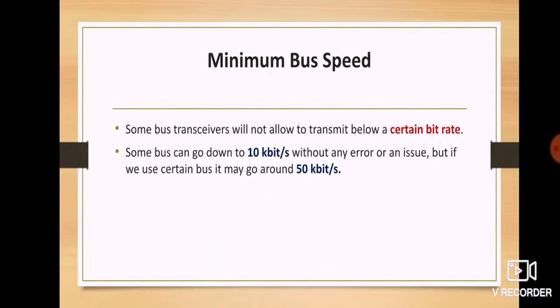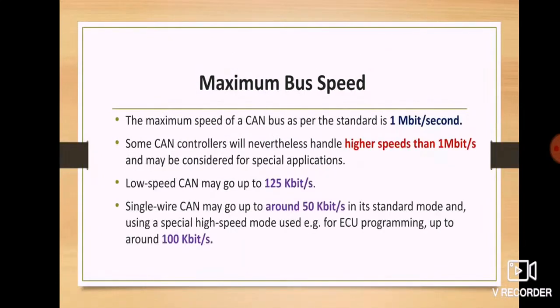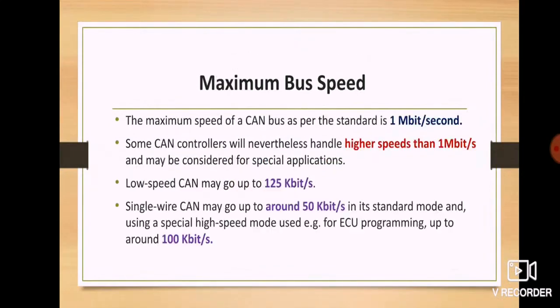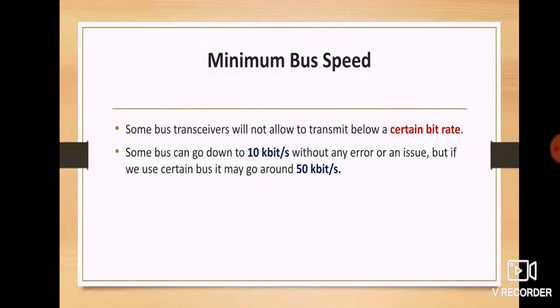In this, you ultimately learn three things. One is the speed: the CAN standard maximum speed is 1 Mbps and the minimum speed is 10 kbps. Then, the maximum speed can be attained in automobile applications, whereas the minimum speed can be attained in industrial applications.